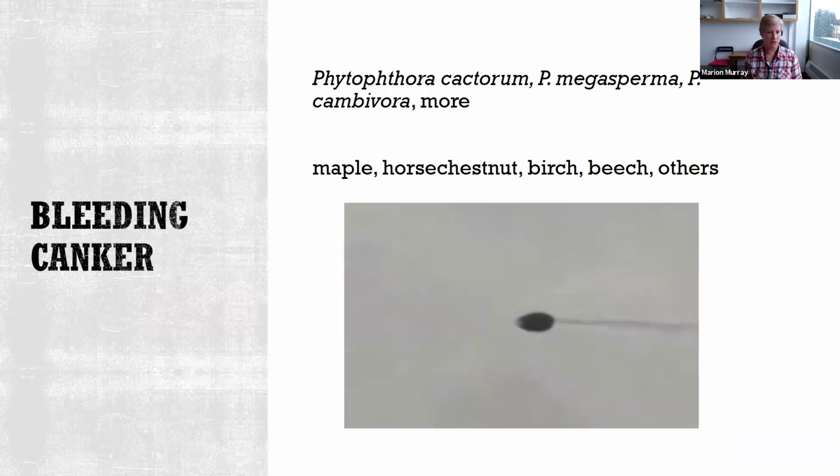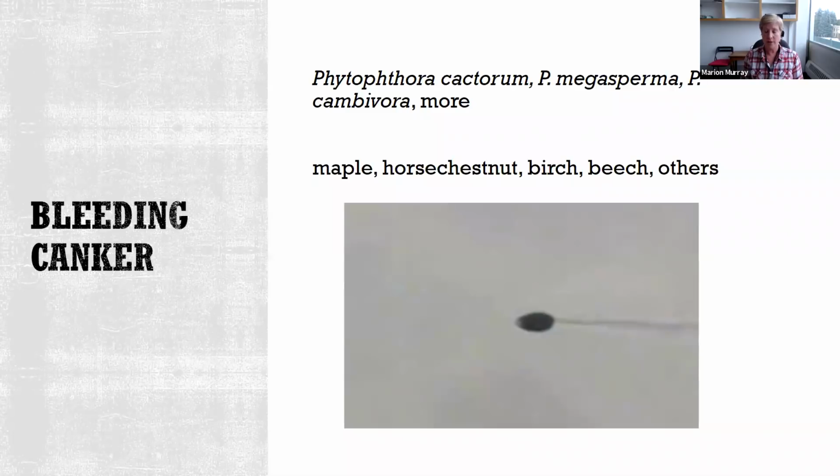Okay, thank you. All right, so another canker I wanted to talk about, general term is called bleeding canker, caused by a fungus relative called Phytophthora. There are several different species of Phytophthora, and they are soil-dwelling pathogens. So that's not necessarily in the air, but I'll explain how they may cause a canker.